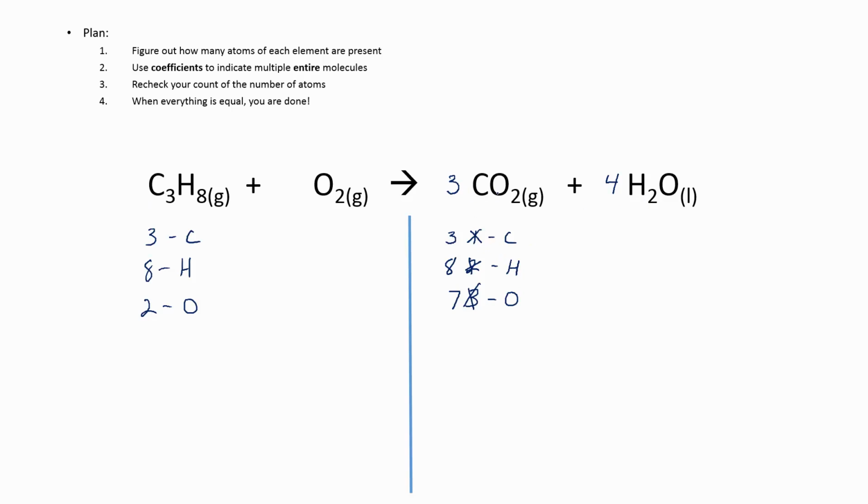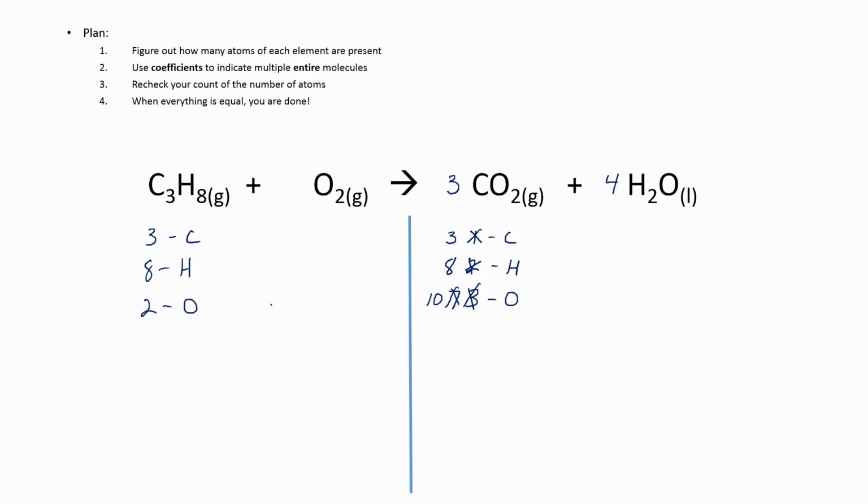3 times 2 is 6 oxygens, plus 4 times 1 is 10 oxygens altogether over here. Okay, so we see that 3 times 2 is 6 oxygens. 4 times 1 is 4, so 6 and 4 is 10.